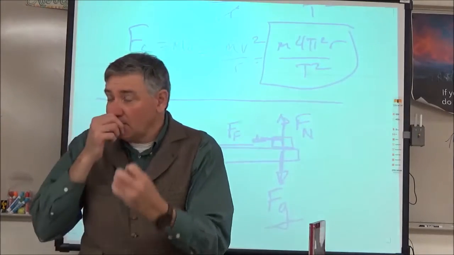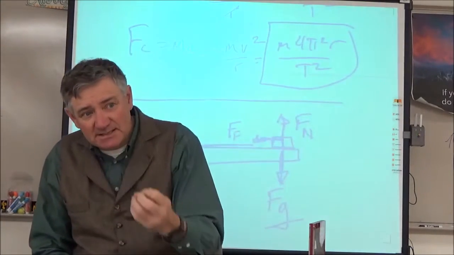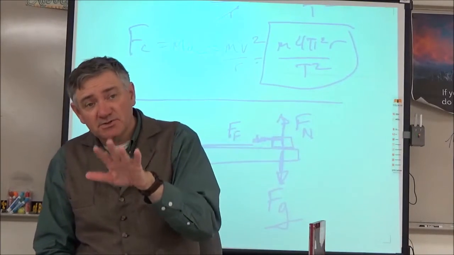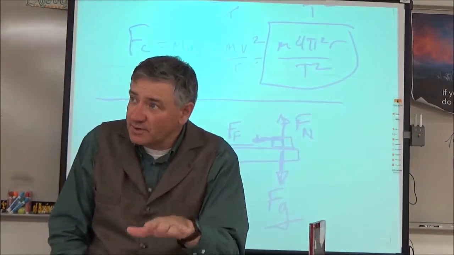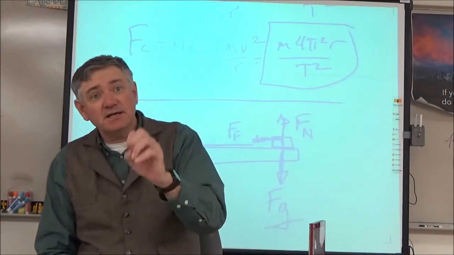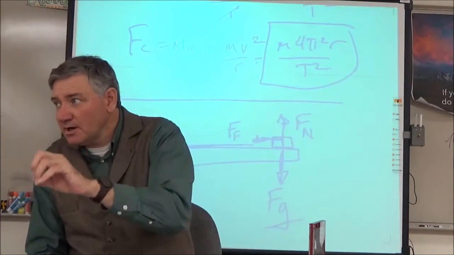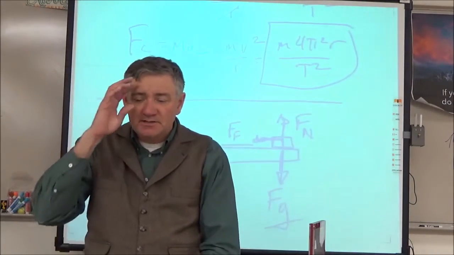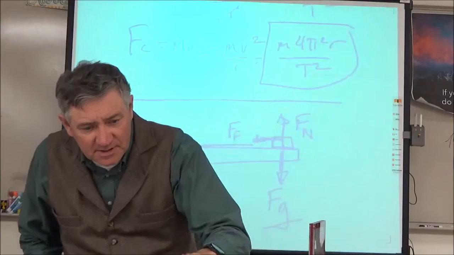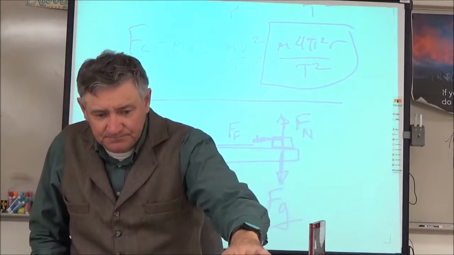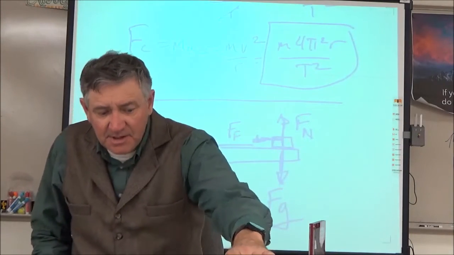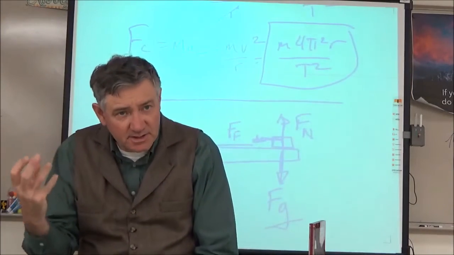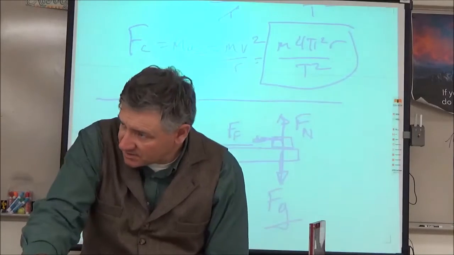It isn't one of the four fundamental forces because it exists solely because of some other thing happening. So when I move this thing around like this, it's undergoing centripetal acceleration, and that centripetal acceleration occurs because there's friction.